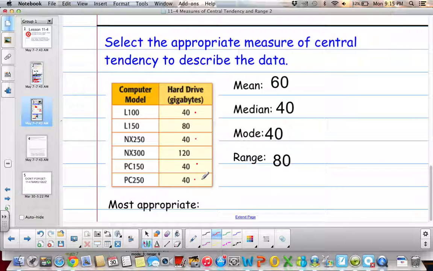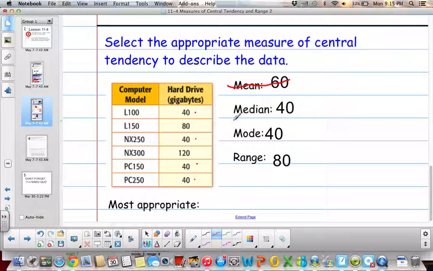So it tells us that our average or our mean is 60, but that doesn't really tell us true to the data because it tells us that most of the gigabytes are right around 60, and really most of them are actually right at 40, not even around 40, but right at 40. So this would not be an appropriate one.